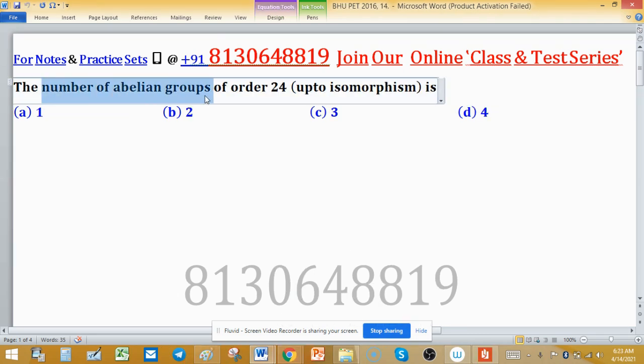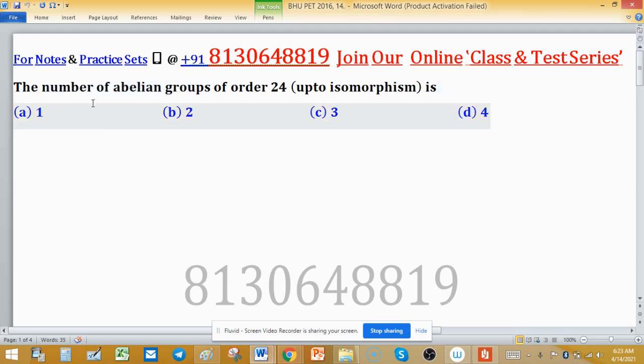The number of abelian groups of order 24 up to isomorphism is? This problem is asked in two different ways. One way is as written, and the second way is to find the number of non-abelian groups of order 24 up to isomorphism.